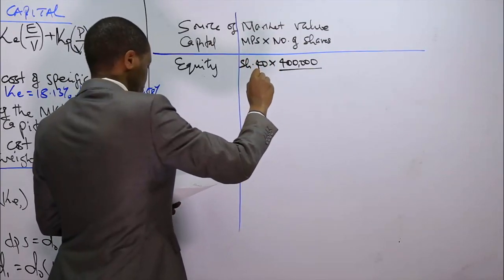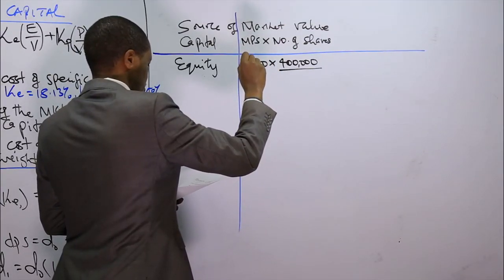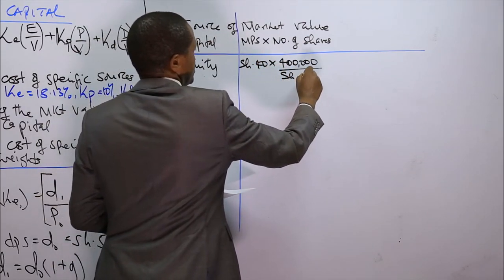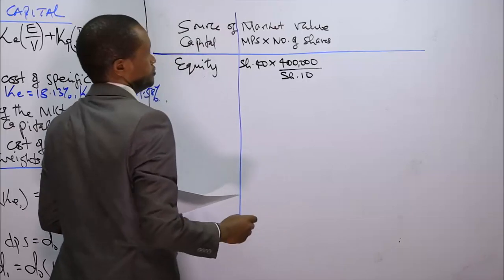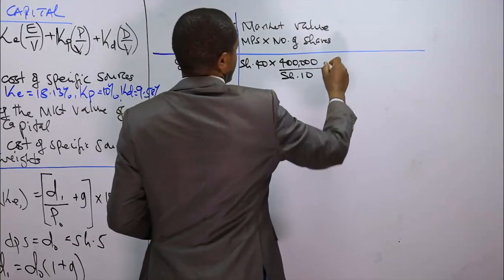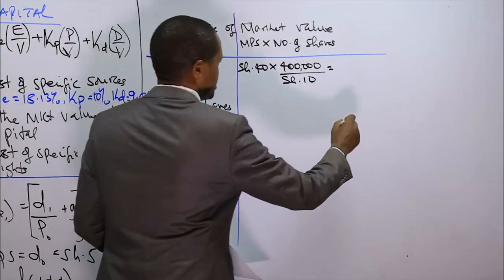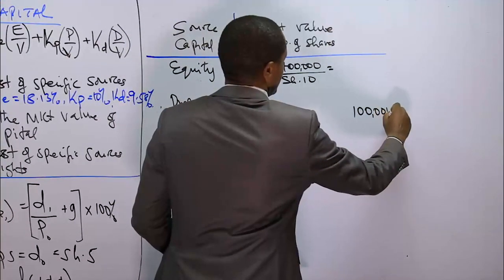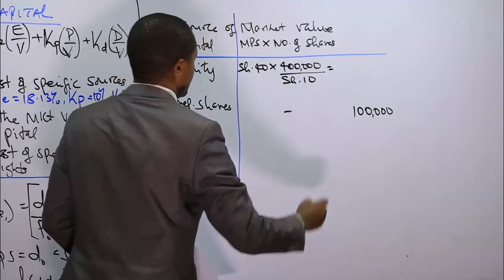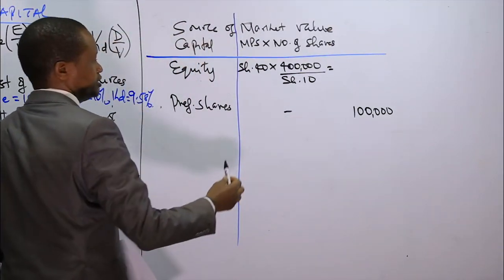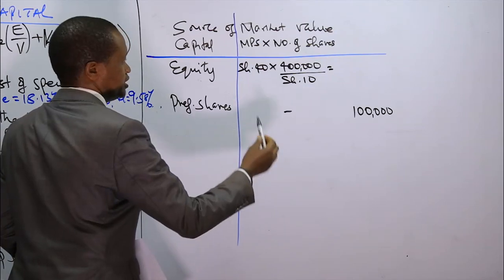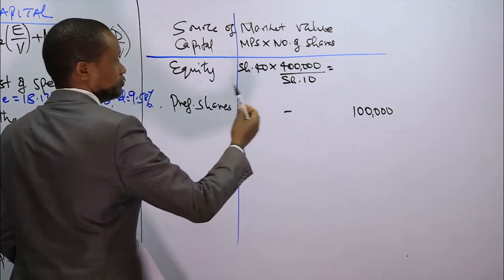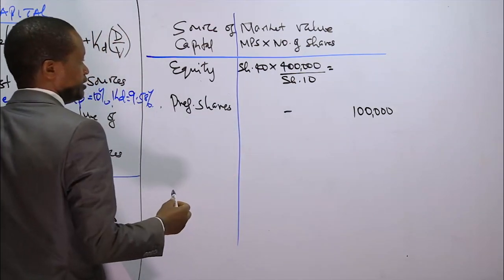The par value of equity is 10 shillings. So that will be the market value.